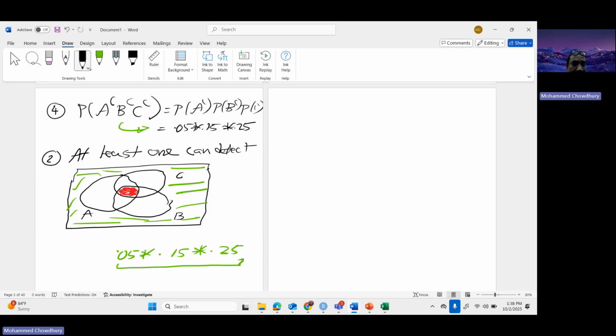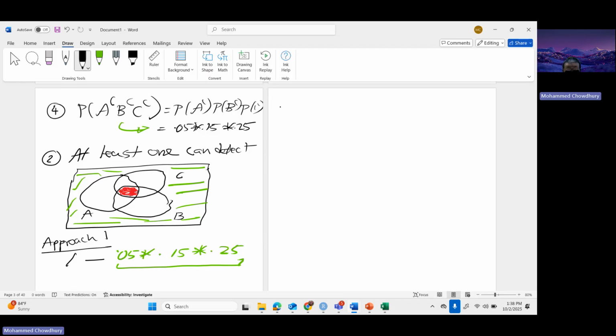Go here and come here, 1 minus this. So green part is none. 1 minus this will give you at least one. On the other hand, suppose I want to find it by a second approach. This is approach 1.